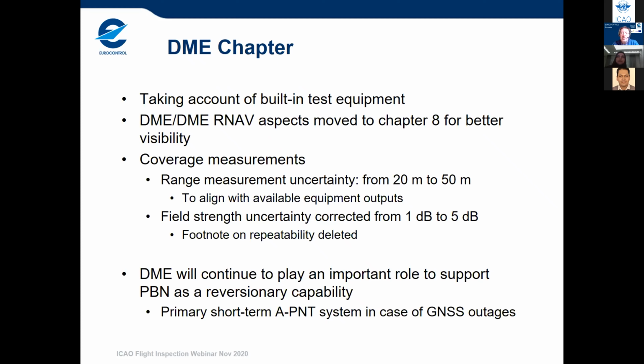The field strength uncertainty was meant to be a laboratory repeatability, as captured in one of the former footnotes, but really that didn't seem to be too helpful, and field strength measurement in DME has always caused quite a lot of debate.